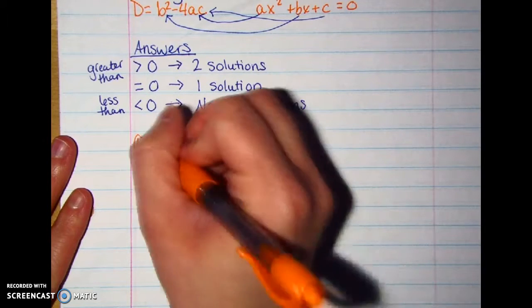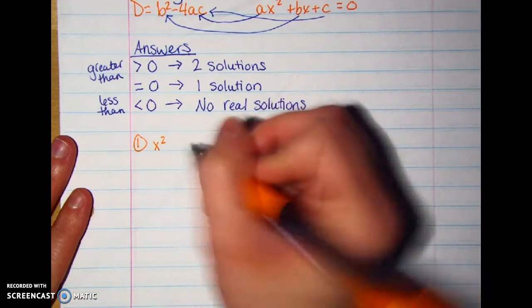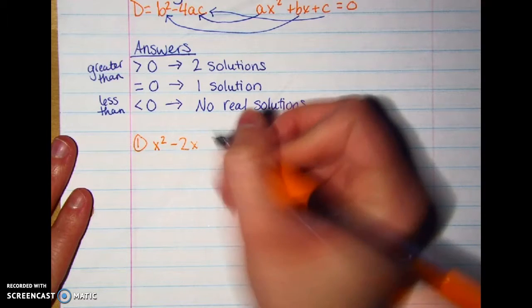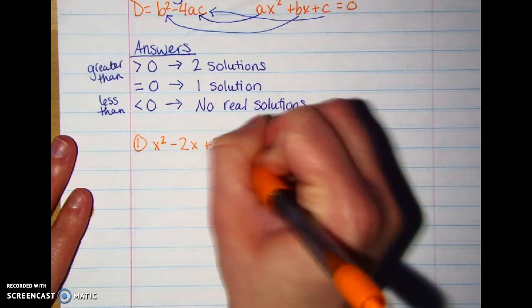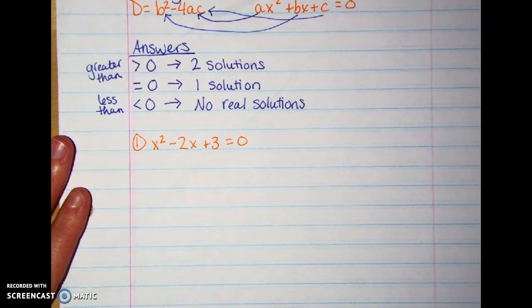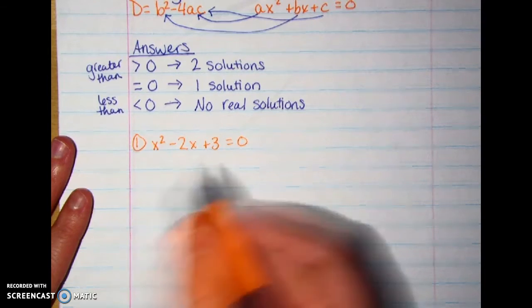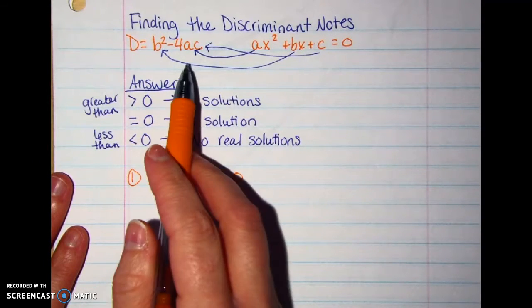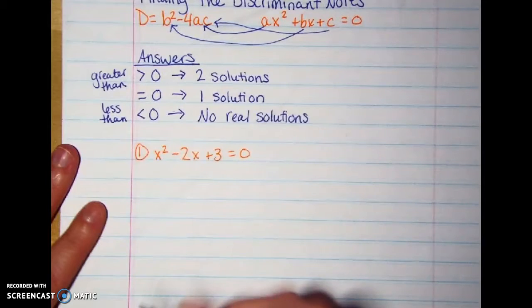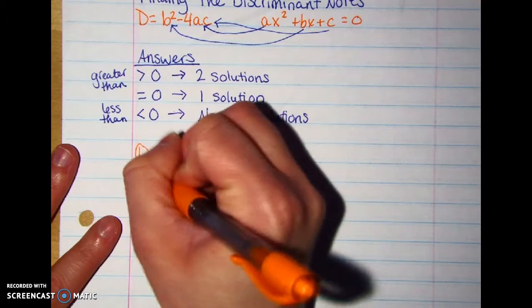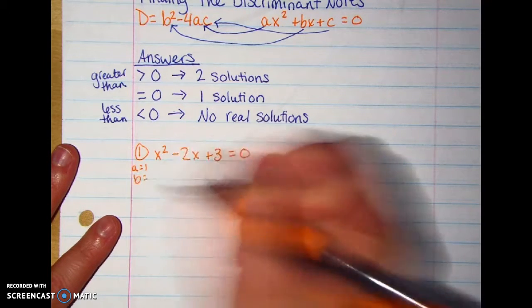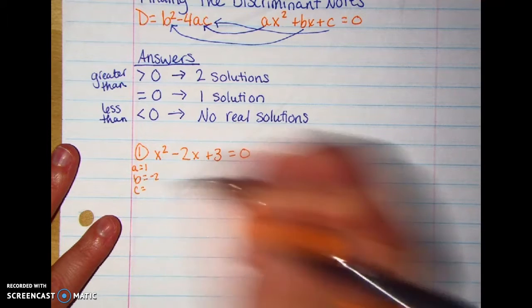Number 1 is x squared minus 2x plus 3 equals 0. I'm going to plug it into this equation right here, b squared minus 4ac. If it helps, you can write out a equals 1, b equals negative 2, c equals 3.